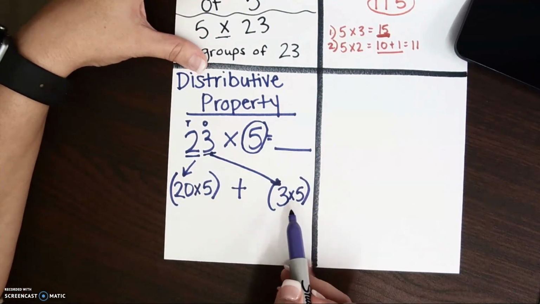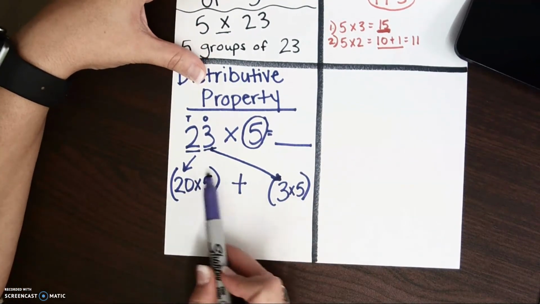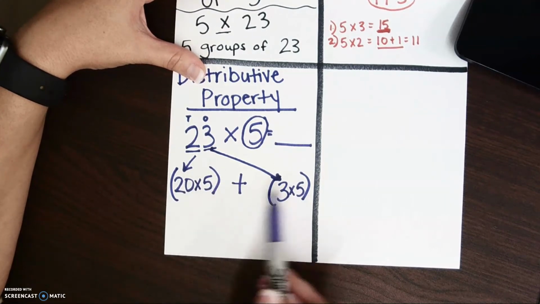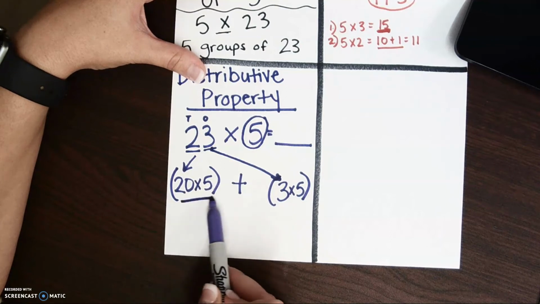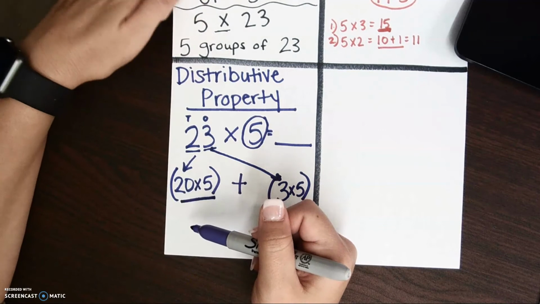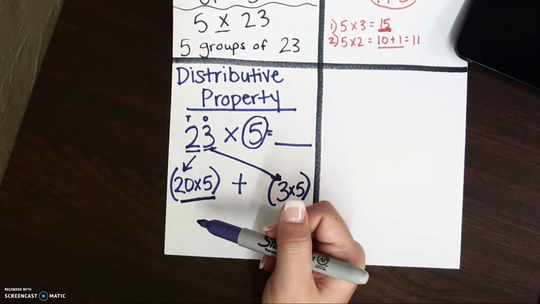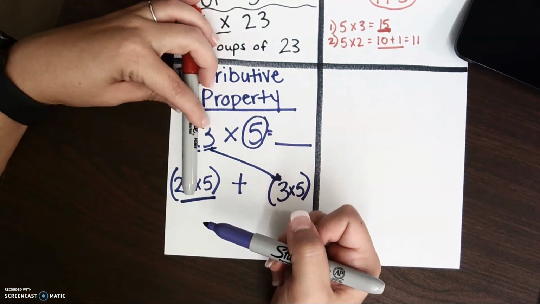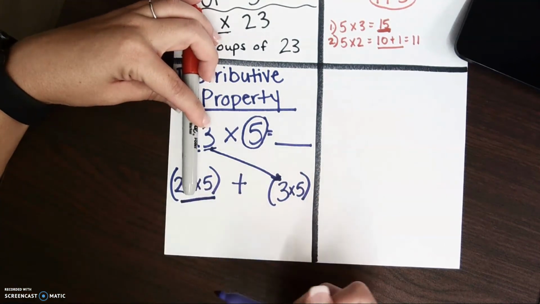So now I get to work out the rest of my problem. Again, if it's in parentheses, you need to do it first. So we don't add anything yet. We have to do our groups. I know 20 times 5. Well, I know a trick. If there is a 0 on the end of my number, I can pretend that 0 is not there. And I can say, well, what's 5 times 2?